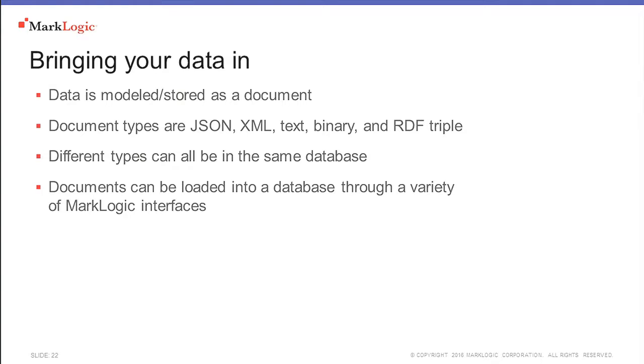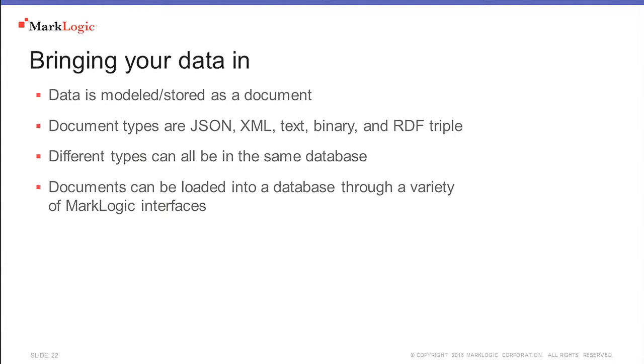The document types that we support are JSON, XML, text, binary, and RDF triples. RDF triples is semantic data. That's what that is. So yeah, we store any of these document types. So RDF triple is specialized for semantics. That's what it's all about.